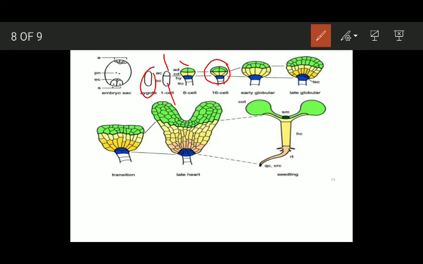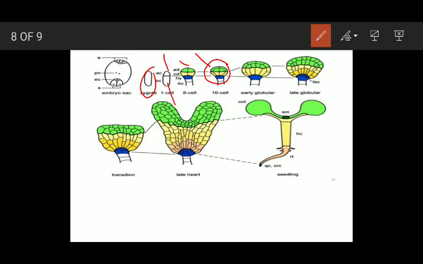The 16 cells are in two layers, an outer layer known as dermatogen and an inner layer. The inner layer divides further and gives rise to procambium and the ground meristem. The procambium forms the stele and the ground meristem gives rise to cortex and pith.